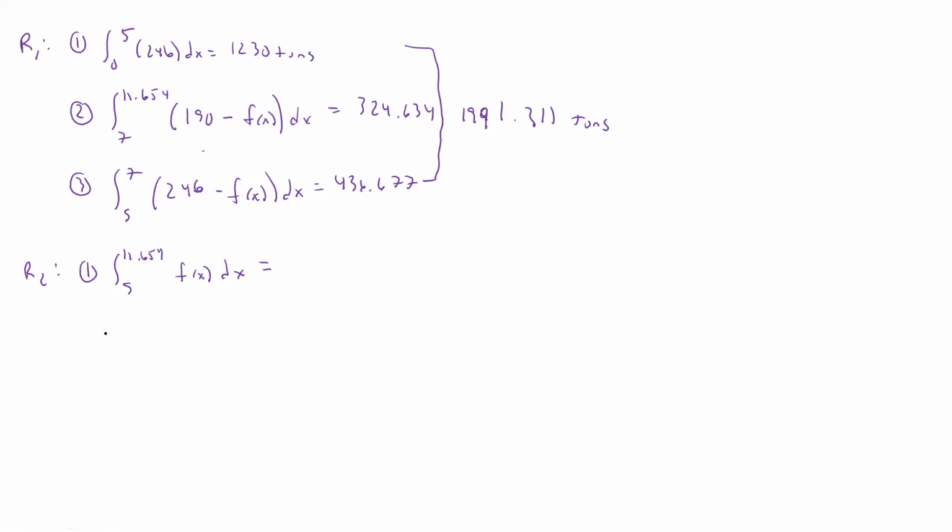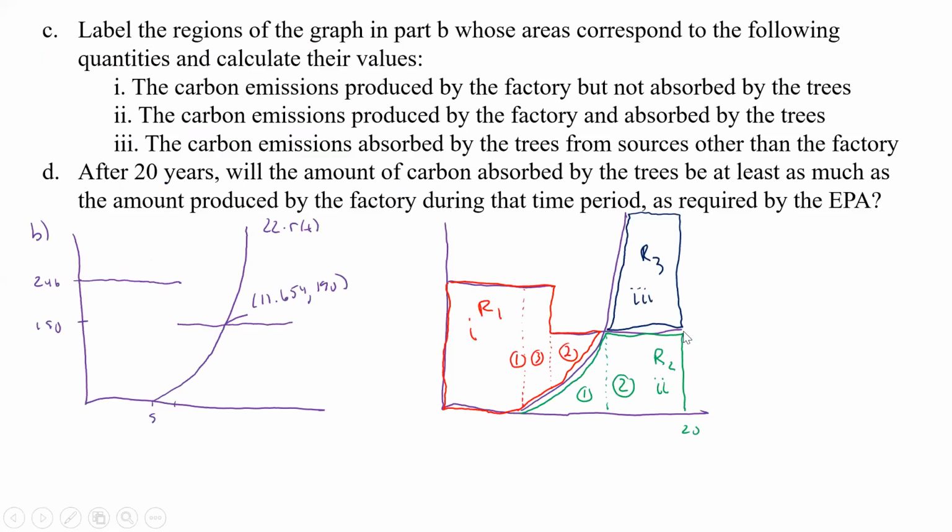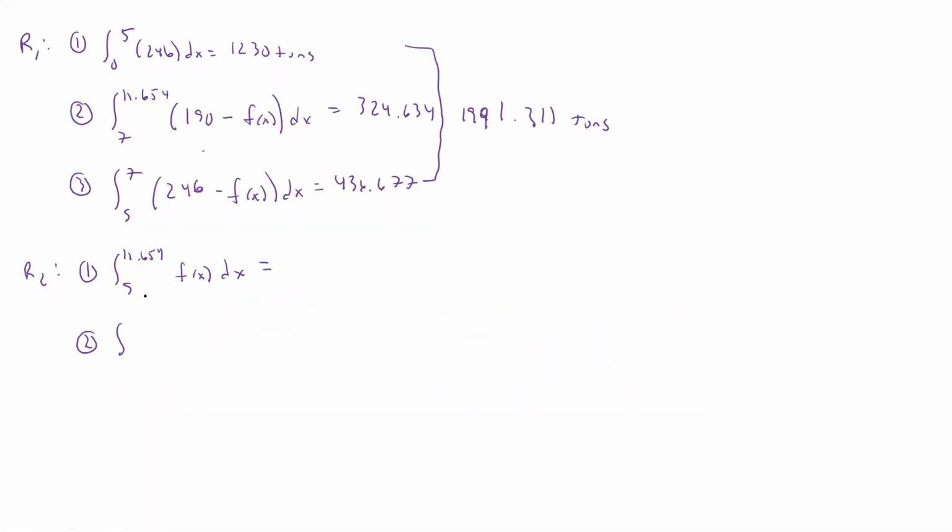And so we'll write this down, and then we'll come back and actually calculate it. And so the next one was for the 190. So it's going to go from 11.654 up to 20, and that's of 190 dx. So we have to write those two in.